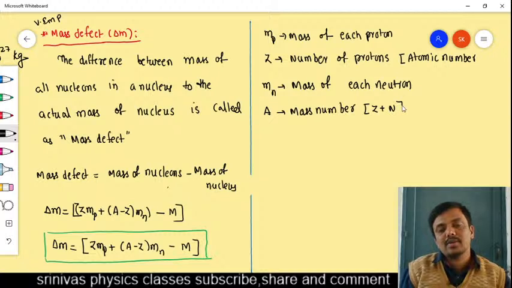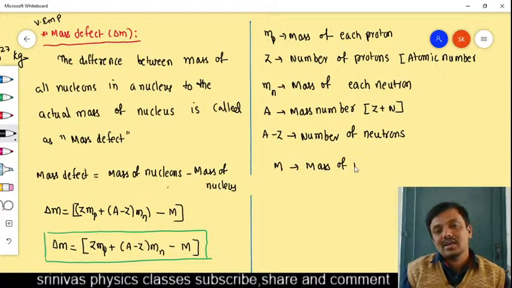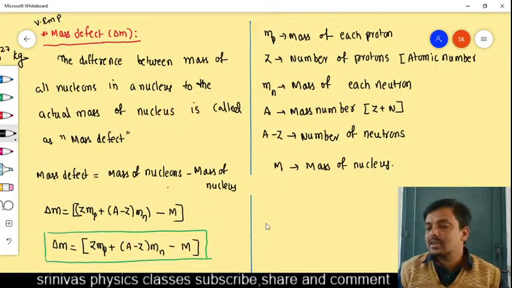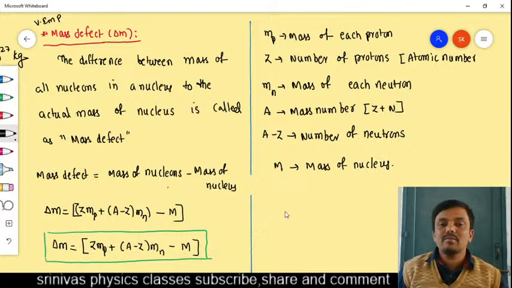Number of protons plus number of neutrons. A minus Z is what here? Number of neutrons. And one more is missing. What is capital M? Capital M is the actual mass of the nucleus. And this mass defect is measured in AMUs.